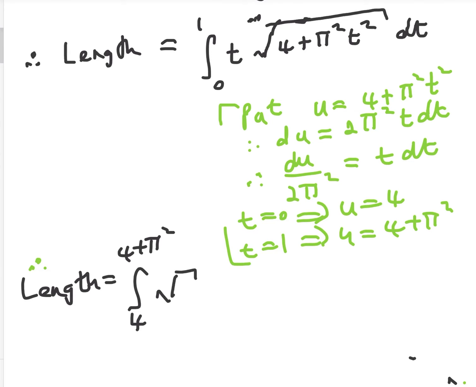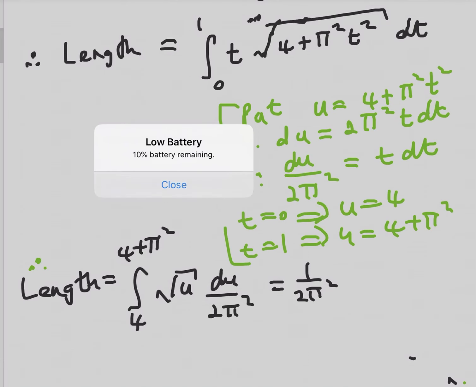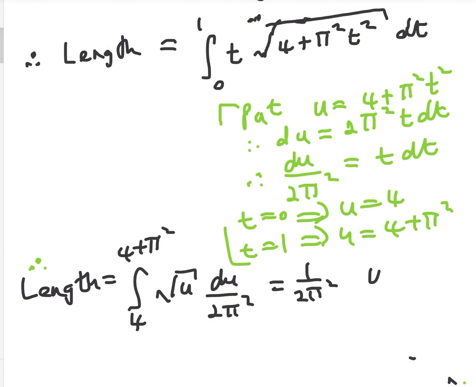So this is the square root of u du divided by 2 pi squared. That's equal to, take out the 1 over 2 pi squared. You integrate u to the half. u to the half is u to the 3 halves over 3 halves. And you're going to integrate that between 4 and 4 plus pi squared, etc.